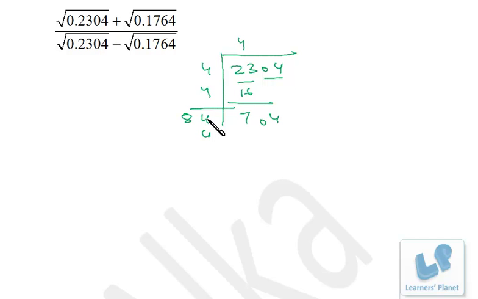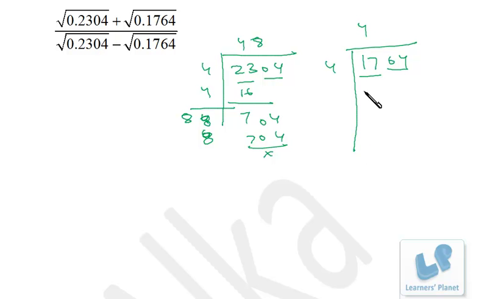Then 88 into 8, let's see, 8 8s are 64, and 6, 70, so it's 48. So square root of 2304 is 48, and similarly we find out square root of 1764. So it's 164. So 82 2. Okay, so square root of 2304 is 48.